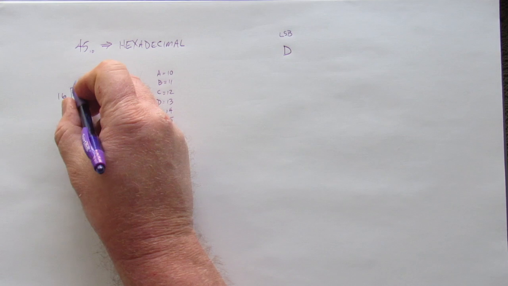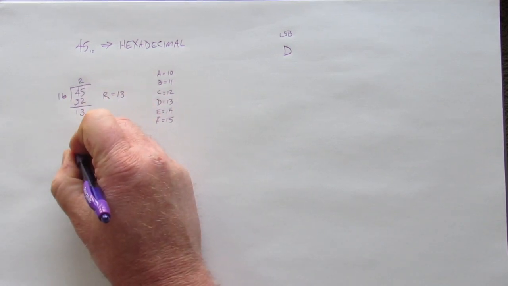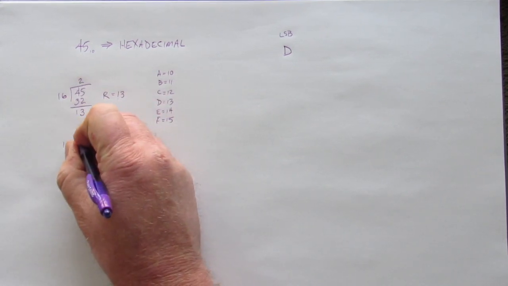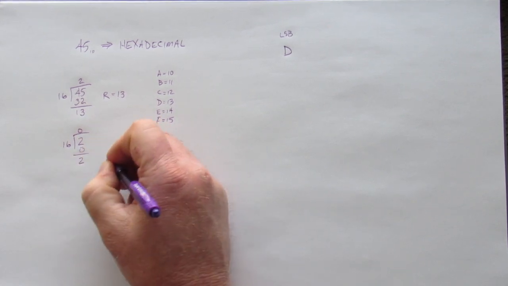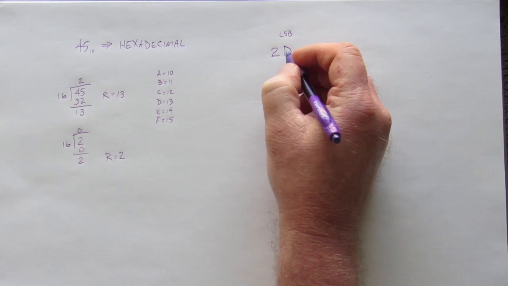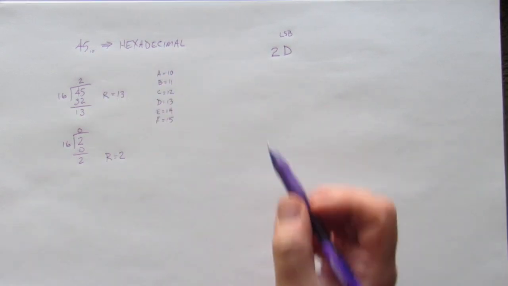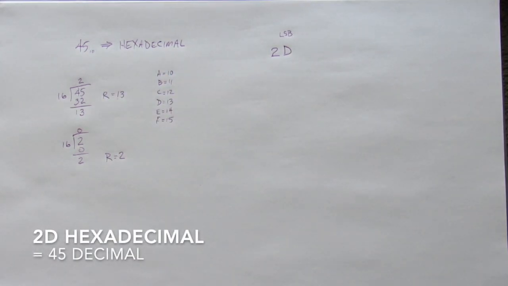So we have 2 left over. 2 divided by 16 is 0, and the remainder then is 2. So 2D in hexadecimal is the same as 45 in decimal.